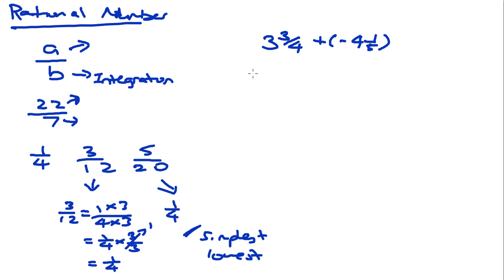So what we can do is first let's take the whole numbers to a side. So it's 3 plus minus 4. So these two are the whole numbers. And then we have the fractions on the side.